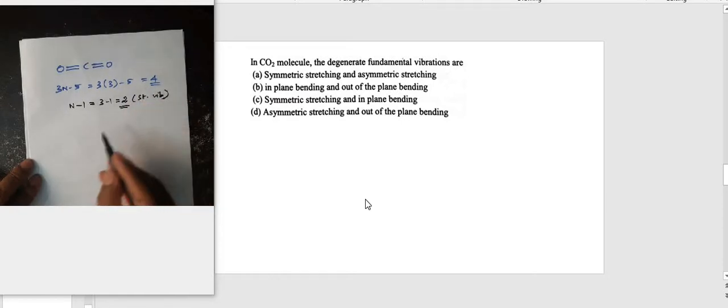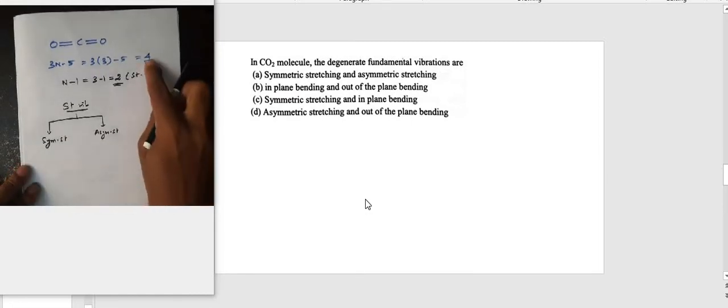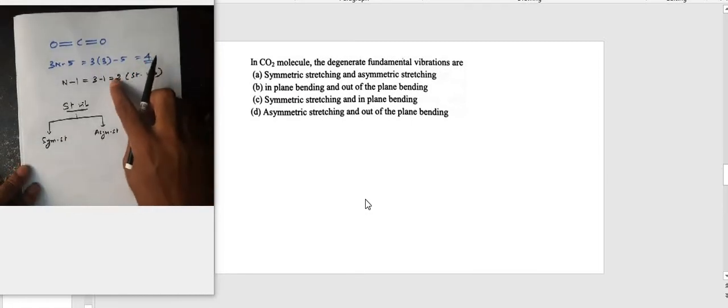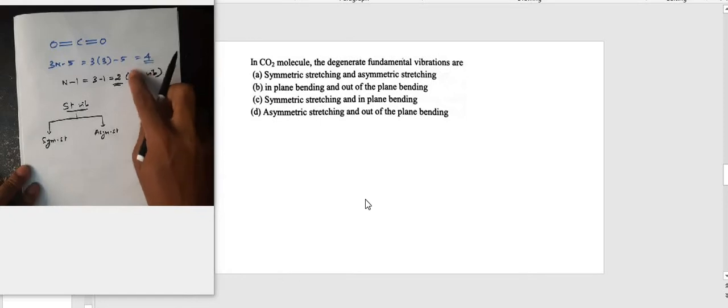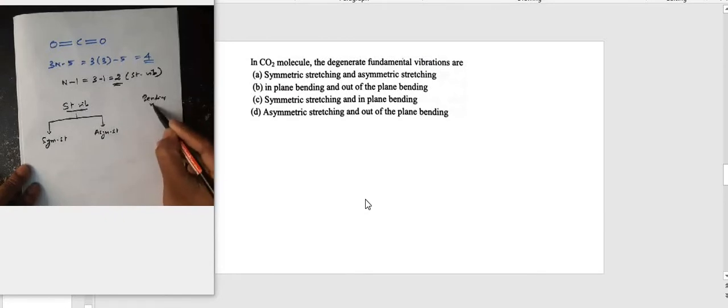In stretching vibration we have 2: one is the symmetric stretching vibration and another is the asymmetric stretching vibration. Totally we have 4, and 4 minus 2 gives the bending vibrations. So in this molecule we have 2 stretching vibrations and 2 bending vibrations.